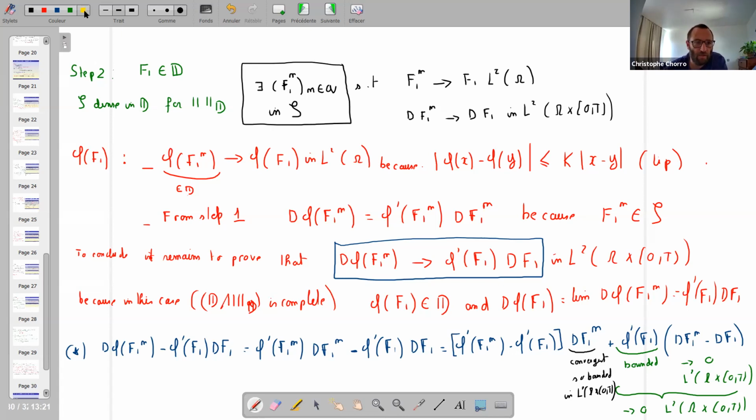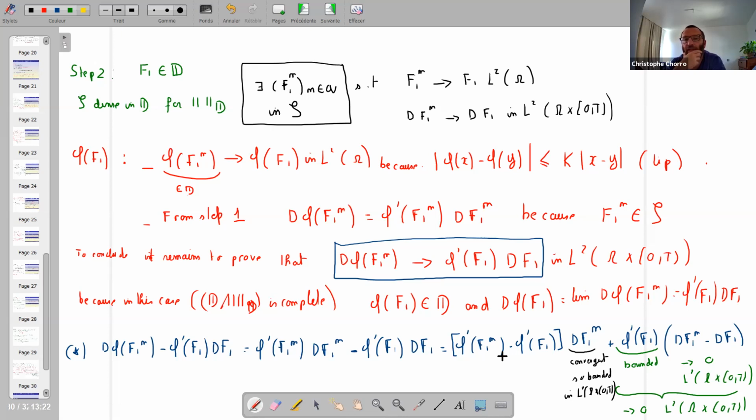A mode of convergence that is preserved by continuous mappings is almost sure convergence. If un converges toward u almost surely and f is continuous, then f of un converges toward f of u almost surely. Unfortunately, here I don't have almost sure convergence, but I have convergence in L2.